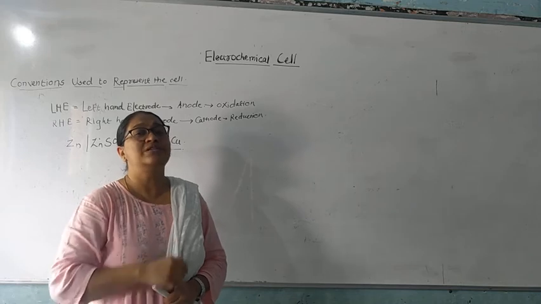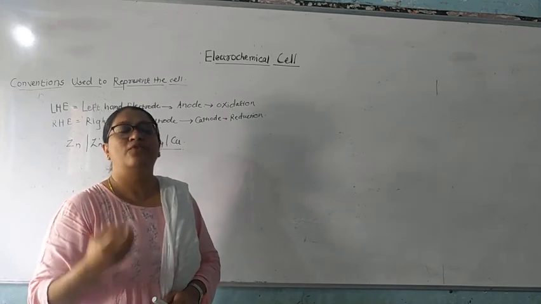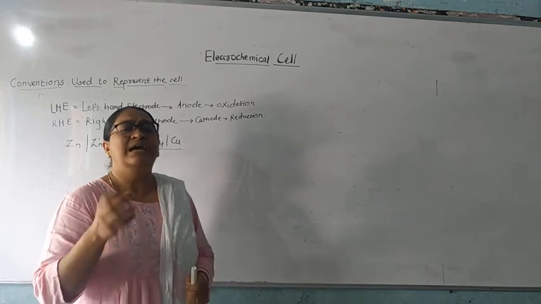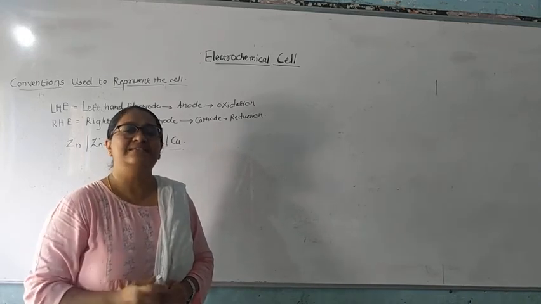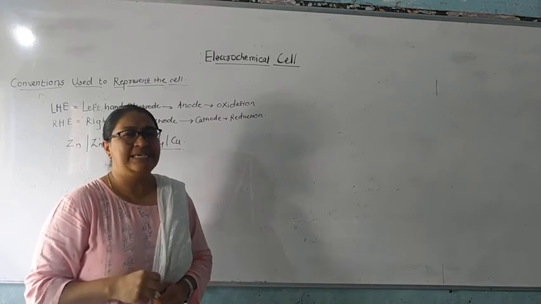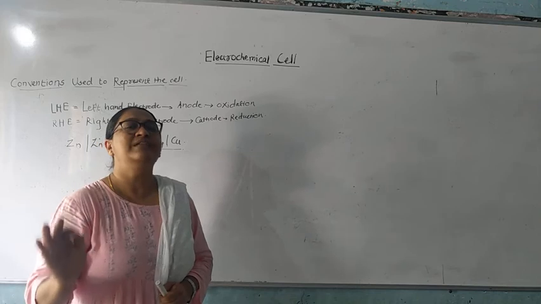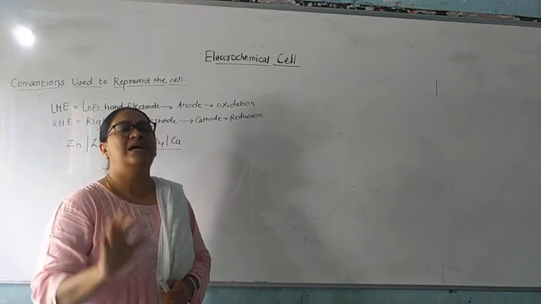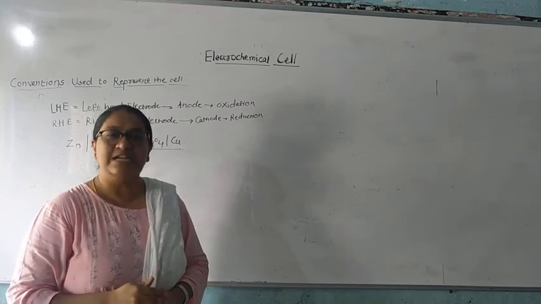How is it set up? We know that hydrogen is a gas and cannot be made into a solid. So how is this gas taken as the electrode? In such cases, an inert electrode is used, inert in the sense that it is non-reactive, that means it doesn't undergo oxidation or reduction reaction. That is called an inert metal.